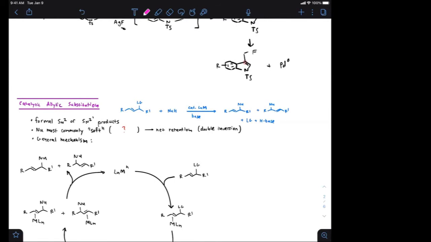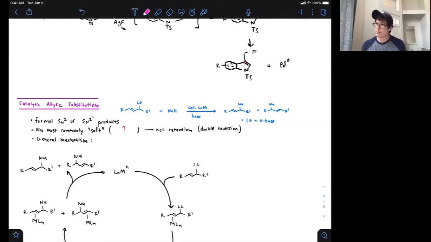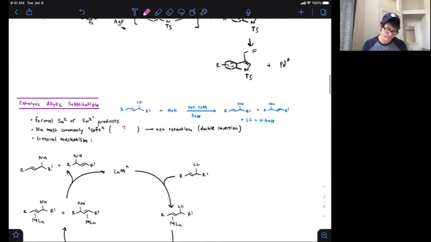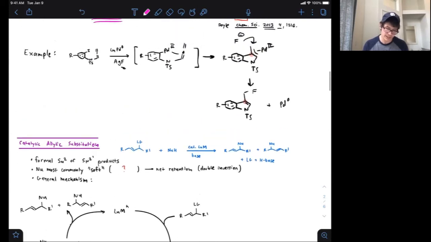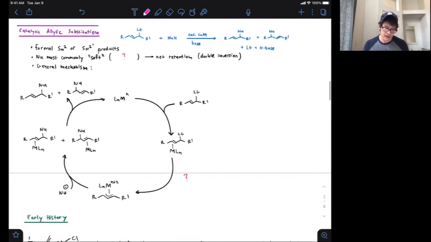Okay, so now we'll jump into the catalytic turnover part of this, which we already got a teaser about in this example, and we'll go through some of the questions that have already arisen.